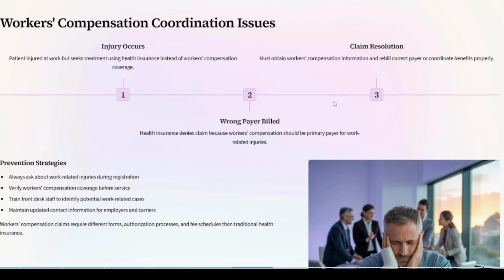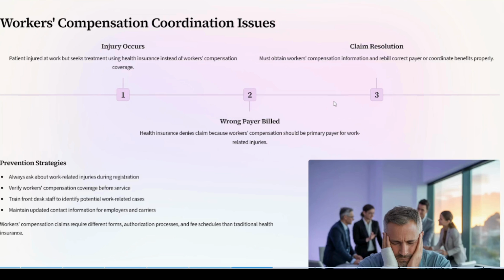So they can know right off the bat, hey, I need your workers' compensation information. You want to verify workers' compensation coverage before service. You also want to train front desk staff to identify potential work-related cases. And lastly, maintain updated contact information for employers and carriers.